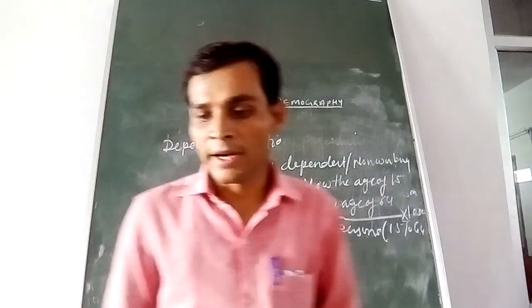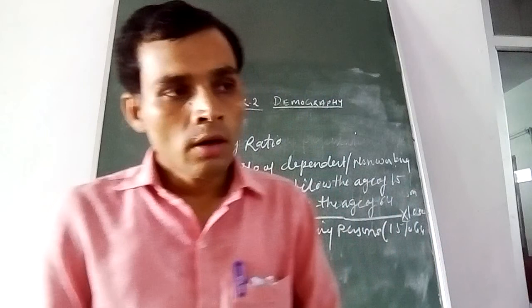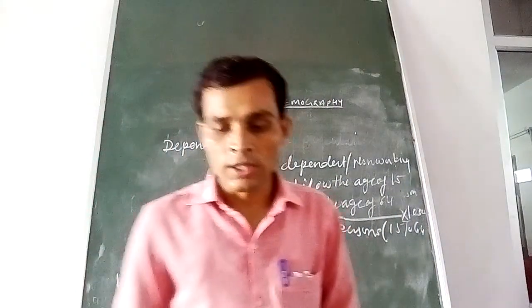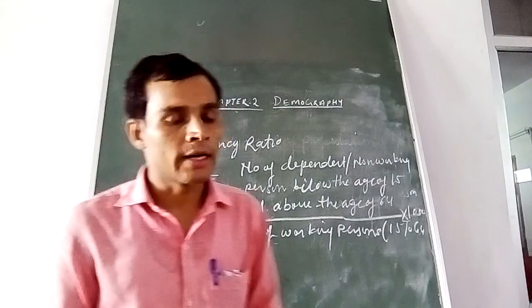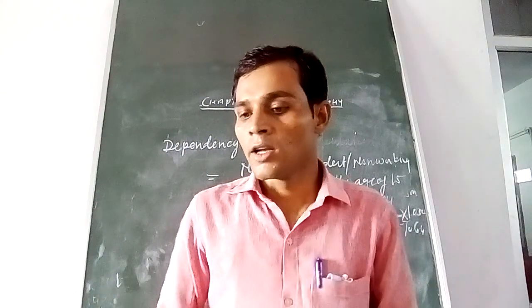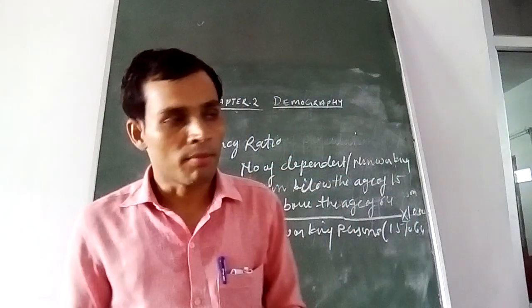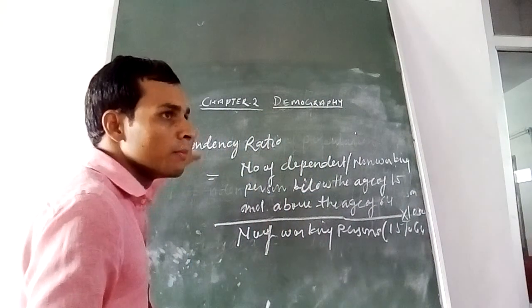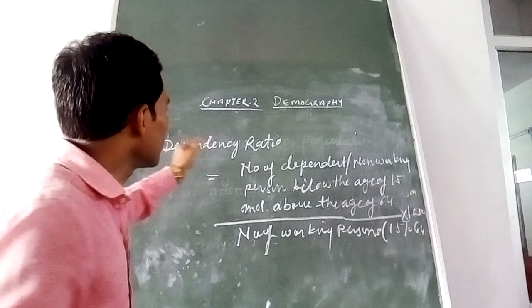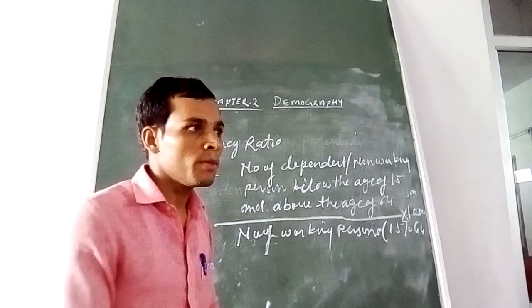So this is the dependency ratio, where a falling dependency ratio shows economic growth and prosperity, and a smaller number of earning members is dependent. When the dependency ratio is falling, it may be negative. This also refers to higher economic growth.